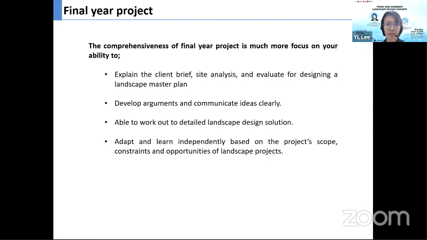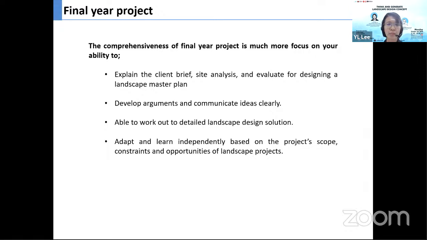Secondly, when you start to do your design, it is the time for you to develop your argument and communicate your ideas clearly, which means once you have completed your site inventory analysis, the next step is to put your synthesis idea into developing your design plan. This is how you express your communication idea.